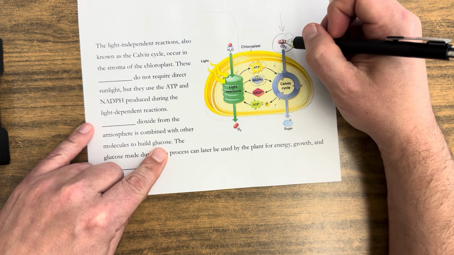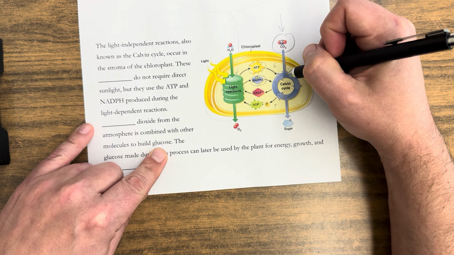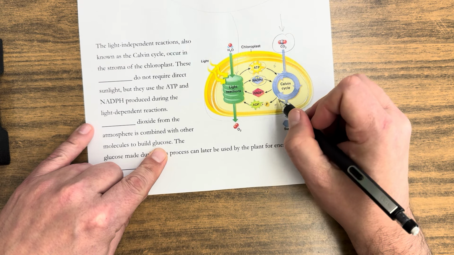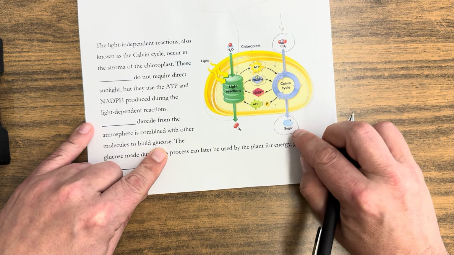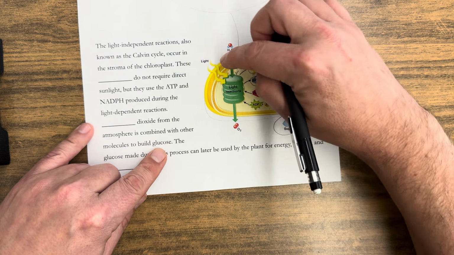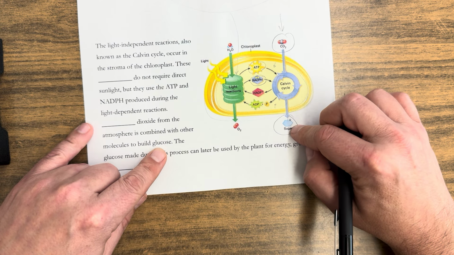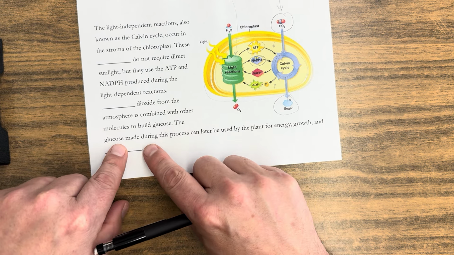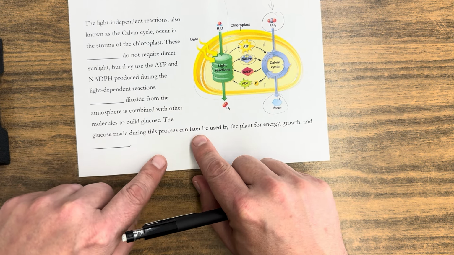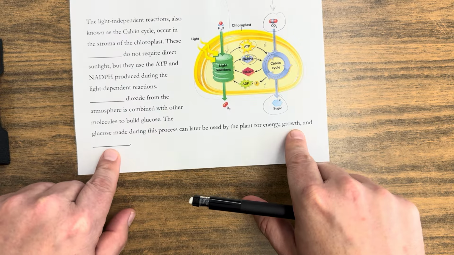This is a complex cycle, but basically we've got all these things coming in, these three, goes through this cycle, you get some waste products here, and then you're ultimately going to build sugar. That's the purpose of photosynthesis. Takes the light energy, puts it into the bonds of the sugar. The glucose made during this process can later be used by the plant for energy, growth, and storage.